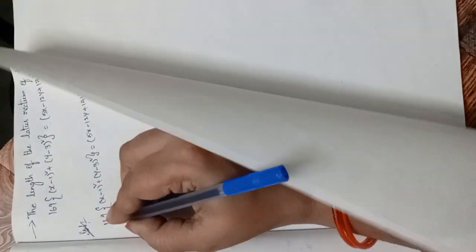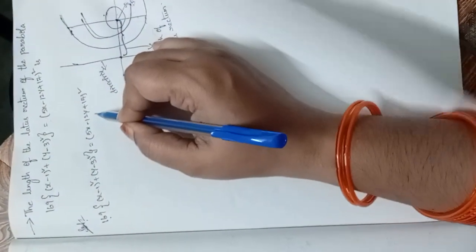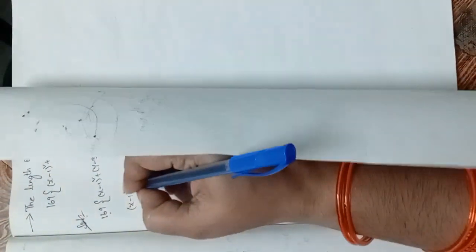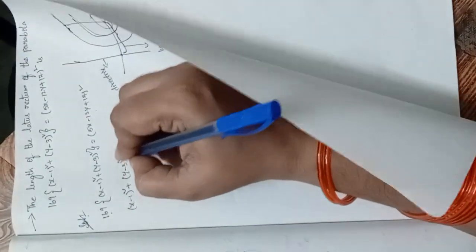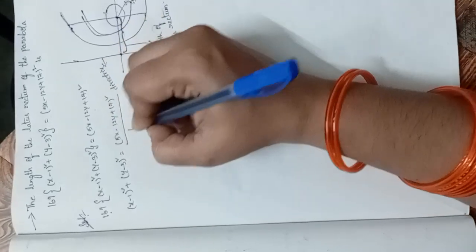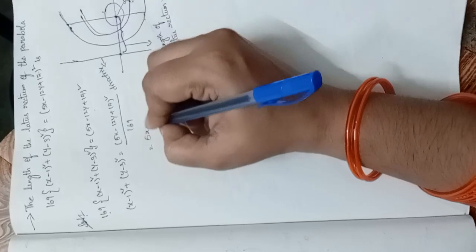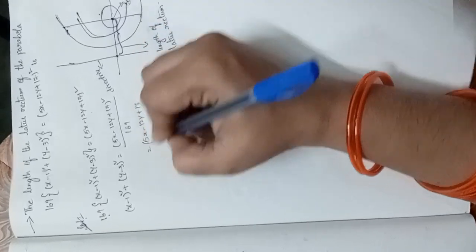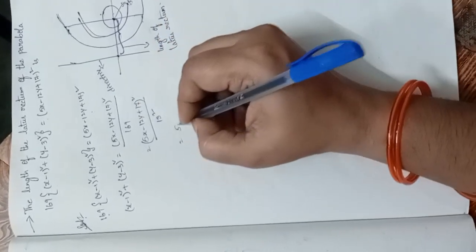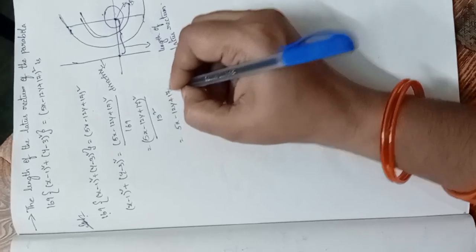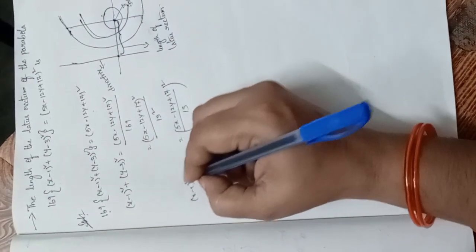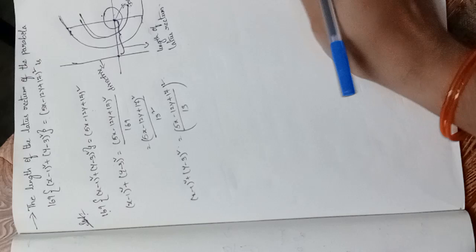Bringing 169 to the denominator, (x minus 1) whole square plus (y minus 3) whole square equals (5x minus 12y plus 17) whole square by 169. 169 is nothing but 13 square, which implies ((5x minus 12y plus 17) by 13) whole square.